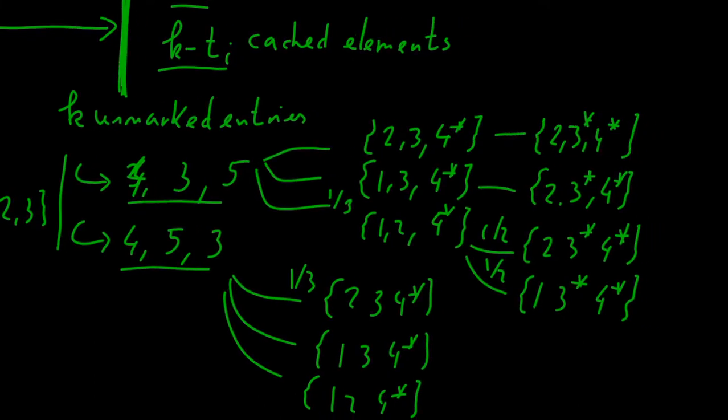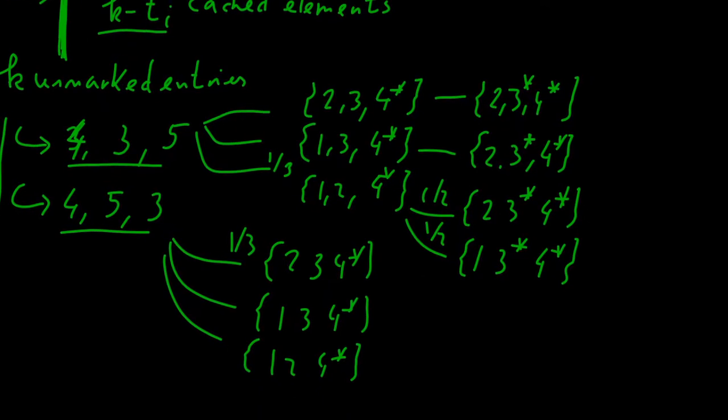And then if I get the 5, I will definitely pay for the 5, so it's 1/2 and 1/2.